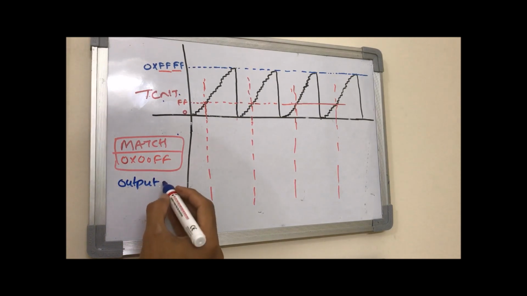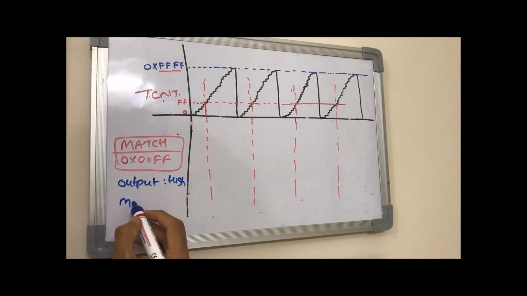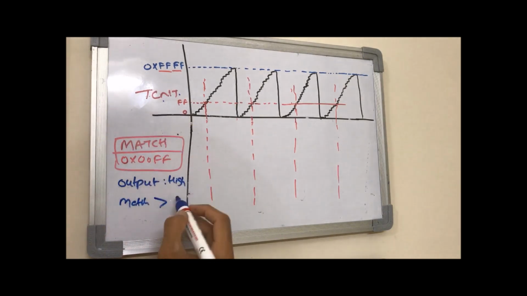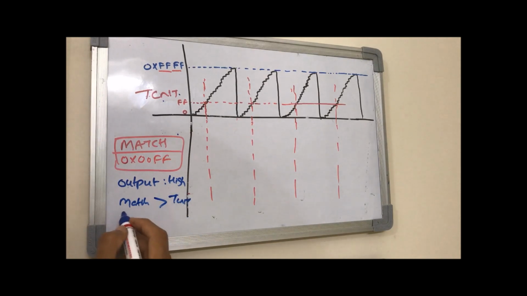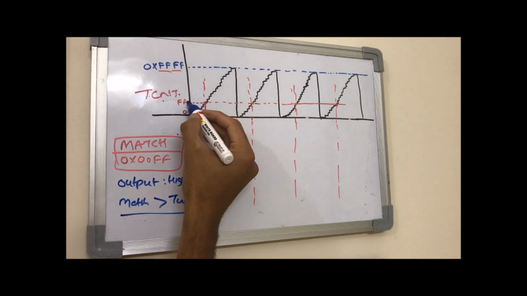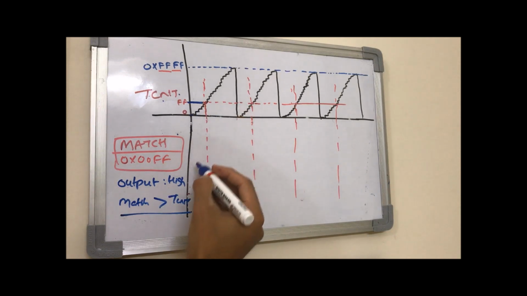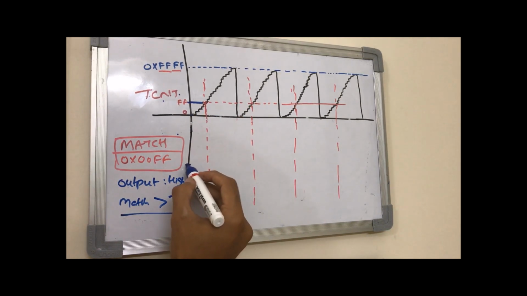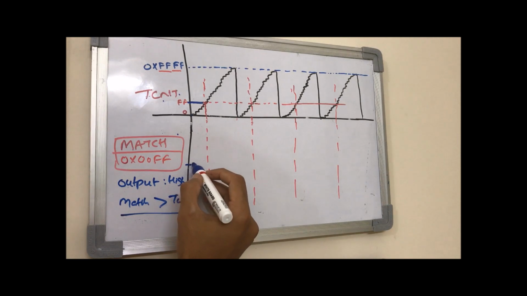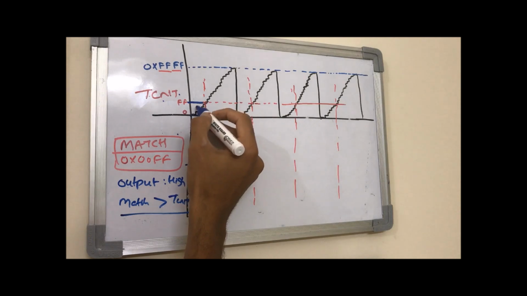There can be a configuration like output high when match register is greater than TC, and so on. So we can follow this configuration in our example. So whenever match register is greater than the counter value, in this slot the timer counter value is 0 to FFFF, so in this case the output will be high. So here I am drawing the timer output. It's a high output because the timer value is less than the match register.